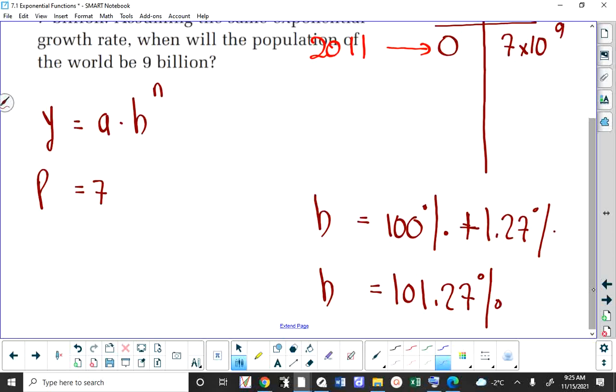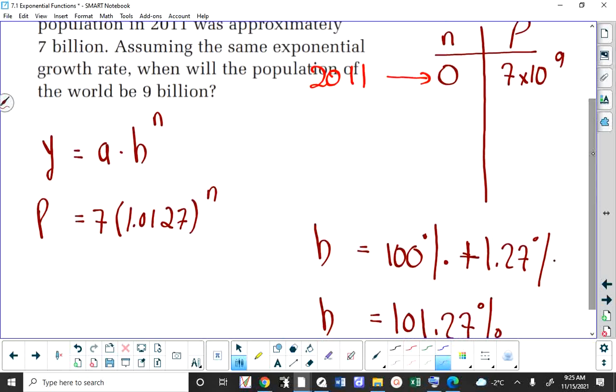So we're going to have times 1.0127 raised to the n. And what we want to find here is this, I think. I'm going to eliminate the 10 to the 9 because we've just said the population is in billions in the formula, so I'm not going to use 10 to the 9. We want to know this.